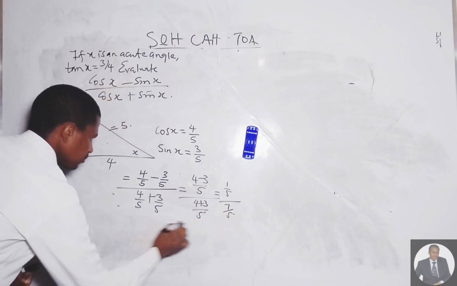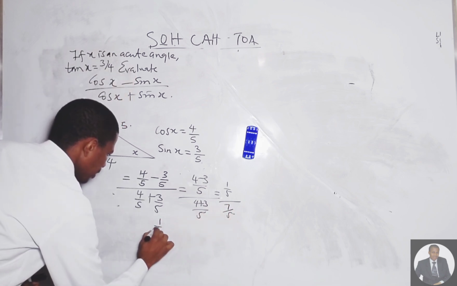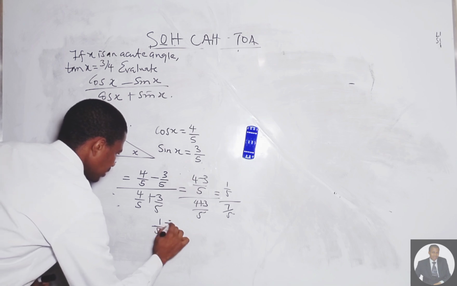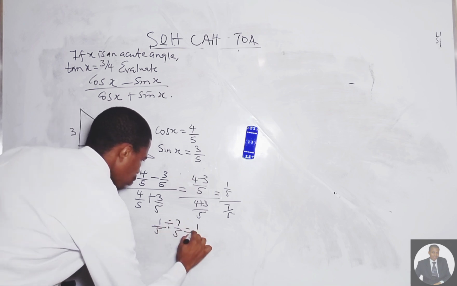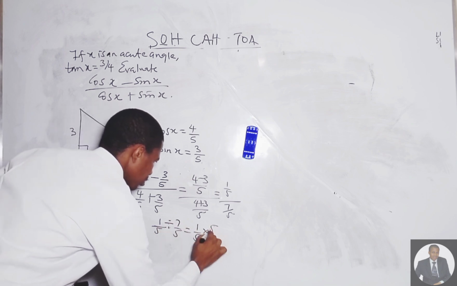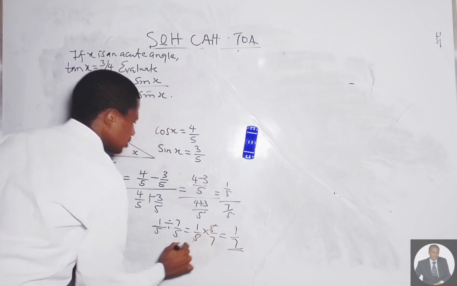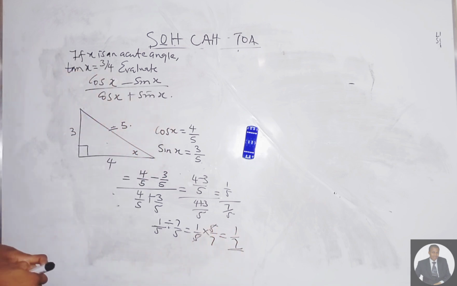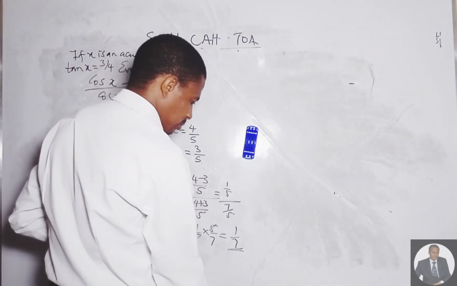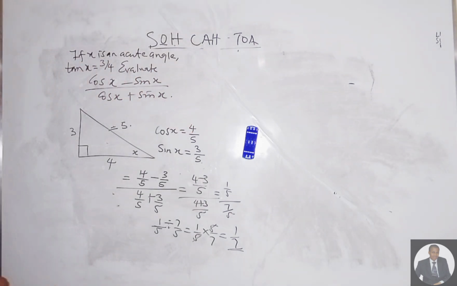That's 1 over 5 times 5 over 7, that's 1 over 7. So our answer is 1 over 7 for this particular question.